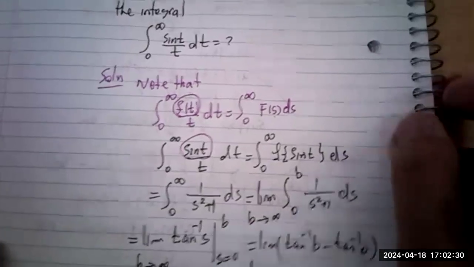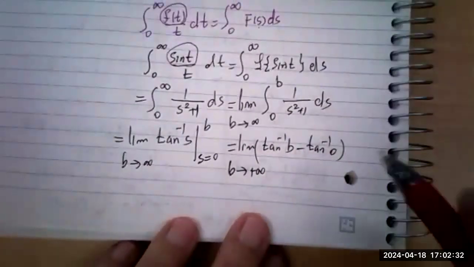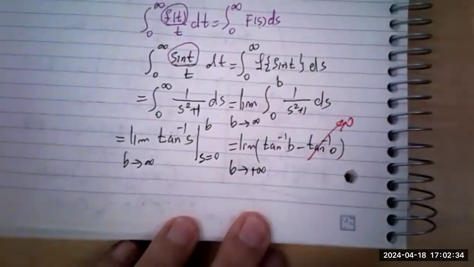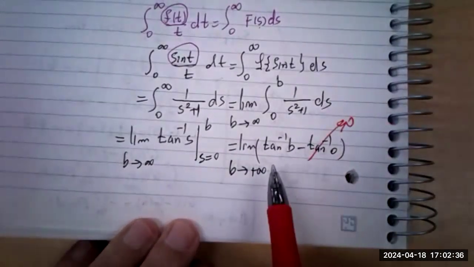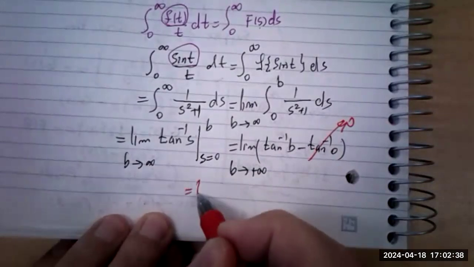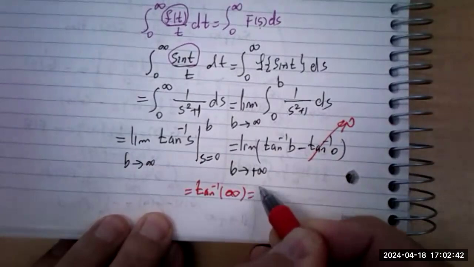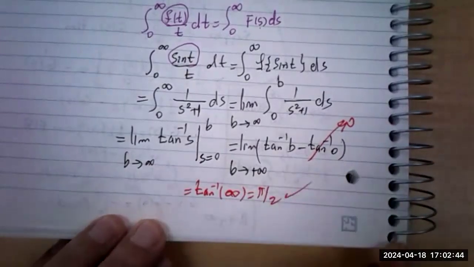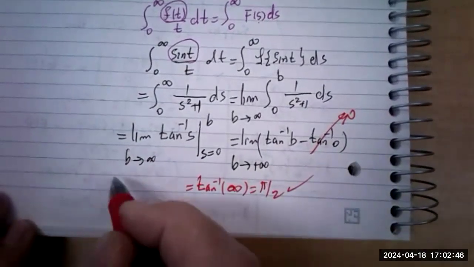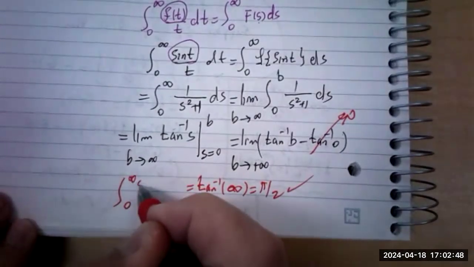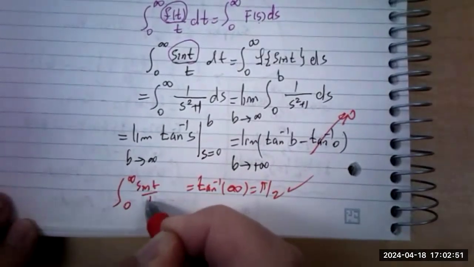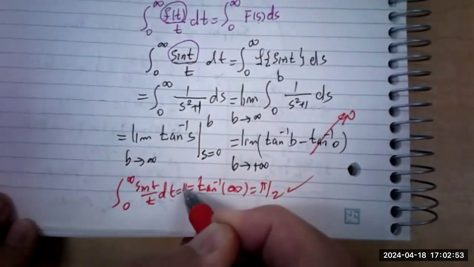The tangent of 0 is 0, so tan inverse of 0 is 0. When b goes to infinity, that gives you tan inverse of infinity, which is pi over 2. That's it. So the integral from 0 to infinity of sine t over t dt is equal to pi over 2.